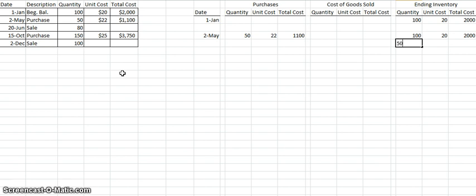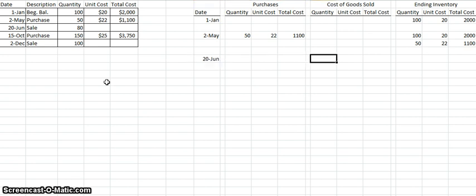Then we've just now added 50 units at a cost of $22 a piece for $1,100. I can't add them together. They're at different costs. So I need to keep them separate. Okay? So now we've updated the inventory. Now I show that I have 150 units, and I show the individual cost layers, but overall right now my ending inventory equals $3,100.